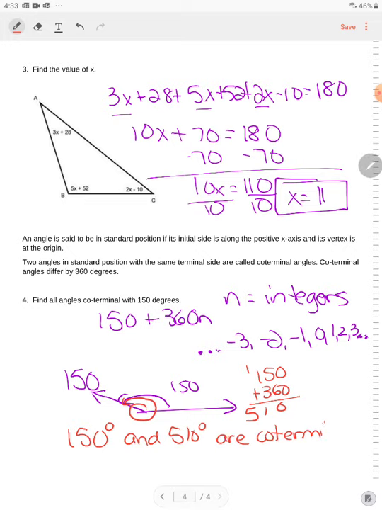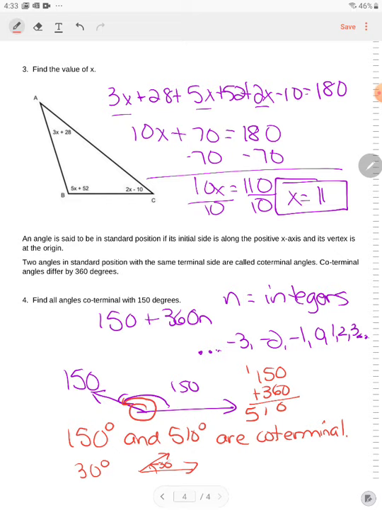We can also subtract. Subtraction just means that you're going to go clockwise. In trigonometry, if an angle is positive, it goes counterclockwise. And if it's negative, it goes clockwise. So let's draw a 30-degree angle and find a coterminal. So 30 looks like this. It's probably a little bit larger, but that's okay.